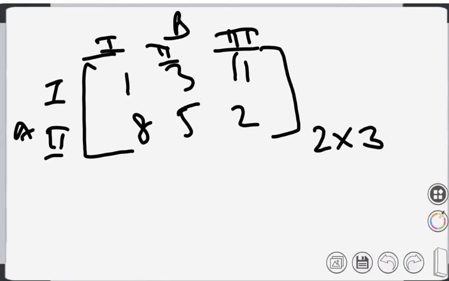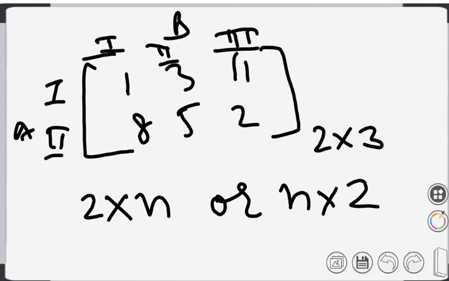Now we can use the graphical method of solution to solve a 2 cross n or n cross 2 game. That means we can use the graphical method for solving a two-person zero-sum game if either A has 2 strategies, that is 2 cross n, n can be any value: 2 cross 3, 2 cross 4, 2 cross 5, 2 cross 10.